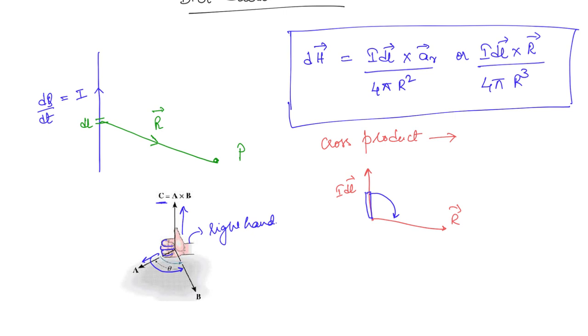Then the thumb direction is into the plane. So from here you can get that the magnetic field at this point P is going to be into the plane.